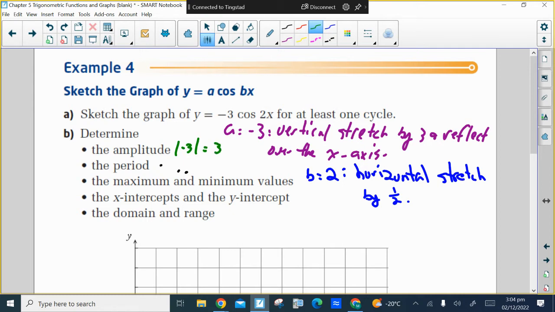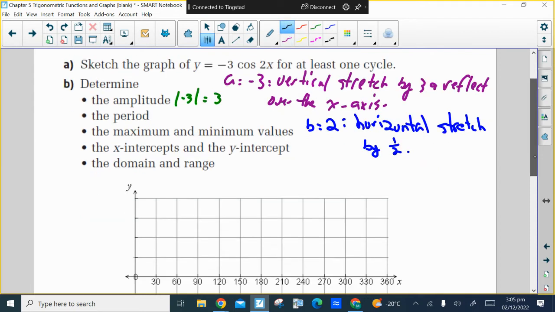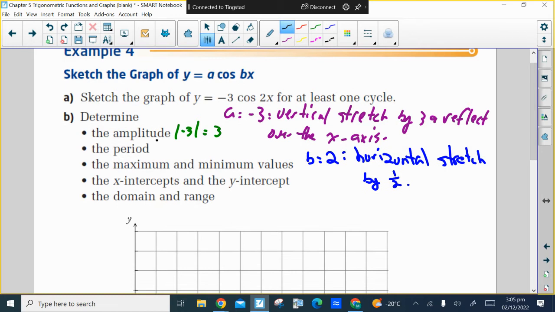That's the amplitude. That's the distance from the middle to the max or the middle to the low. The period, in this case here, we are working in degrees, so it'll be 360 degrees divided by our b value of 2. Our period is now 180 degrees.